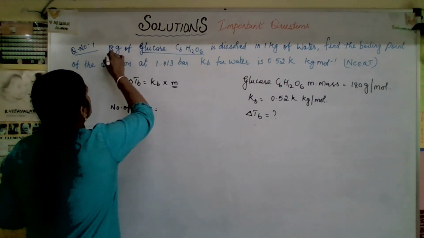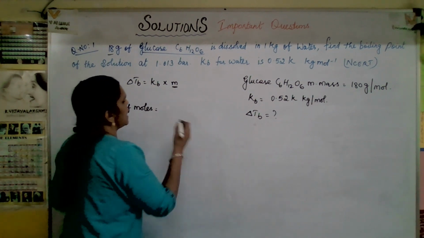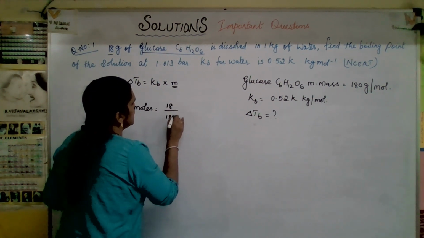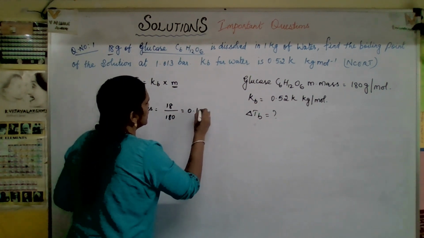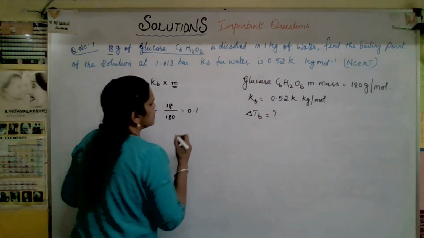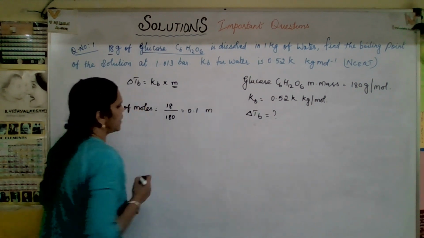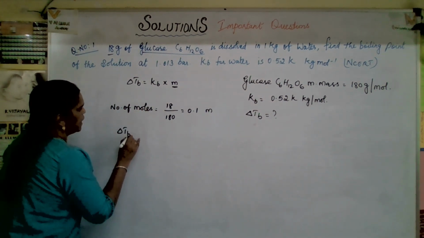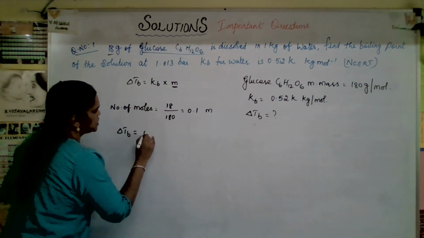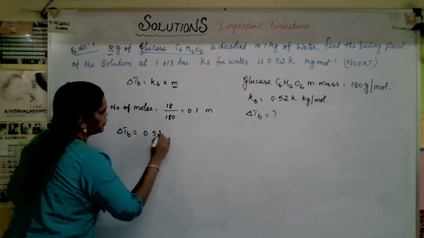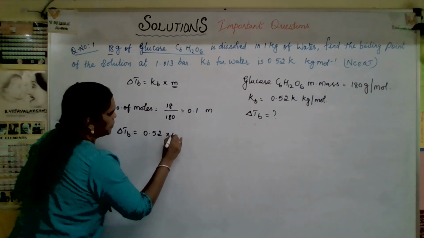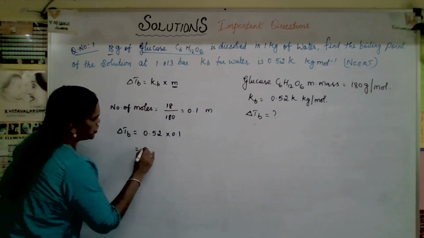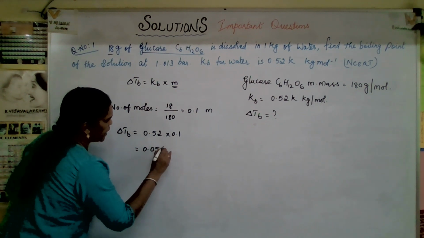The given mass is 18 gram, so 18 divided by 180, that is 0.1 m, it is small m, right? Now delta TB equal to KB, 0.52, into 0.1. So here you will get 0.052.